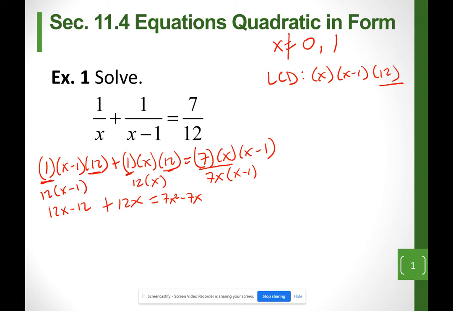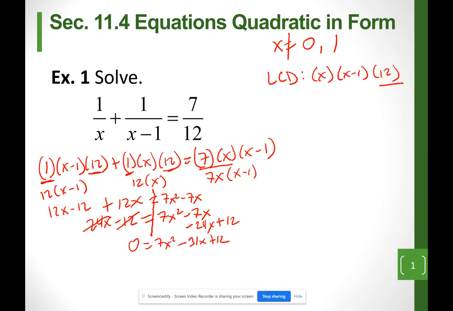All right, let me simplify things a little. On the left side of the equal sign, combine your x's, and we have 24x minus 12 equals 7x squared minus 7x. Okay, so let me move everything to where the x squared is positive. The 24x, I'm going to move as a minus 24x. The minus 12, I'm going to move as a plus 12. So I have 0 equals 7x squared minus 31x plus 12.